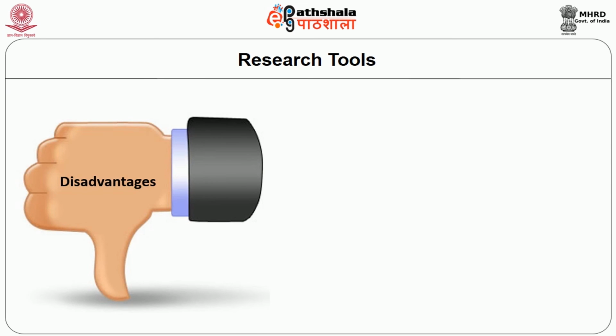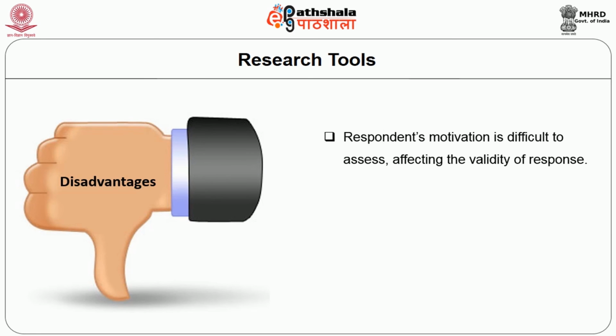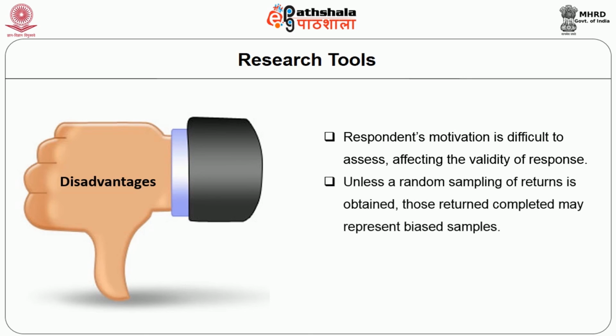The disadvantages of a questionnaire can be: respondents' motivation is difficult to assess, affecting the validity of response. Unless a random sampling of returns is obtained, those returned completed may represent biased samples.